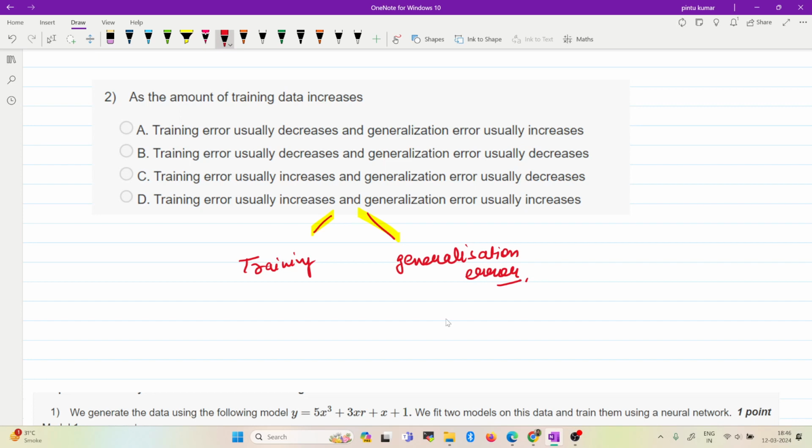So what happens? What decreases? This decreases or this decreases?